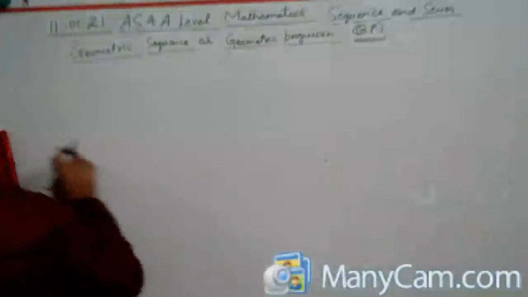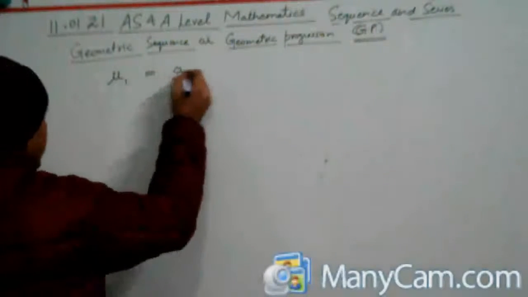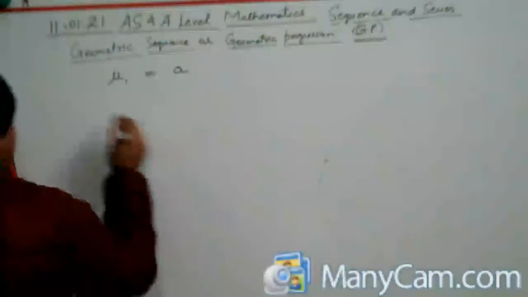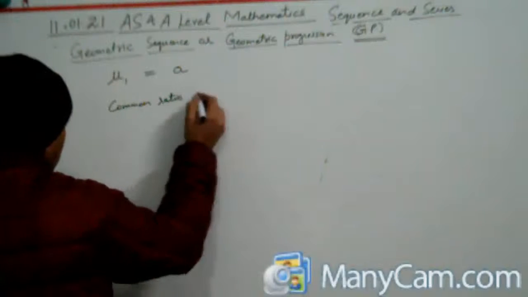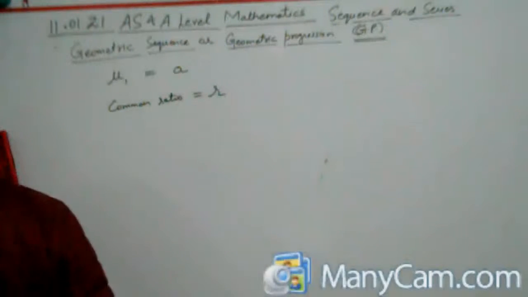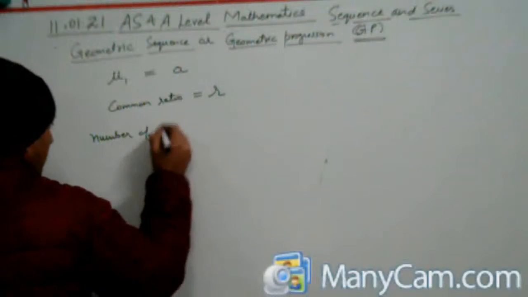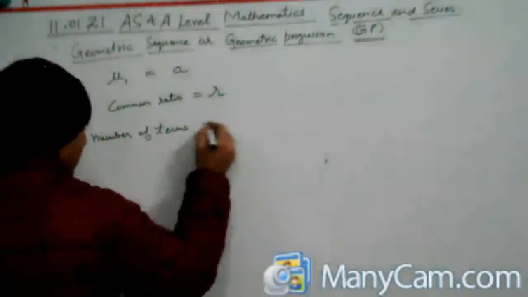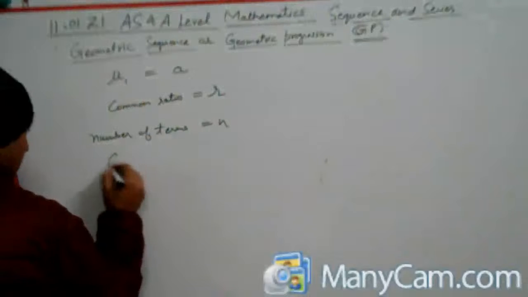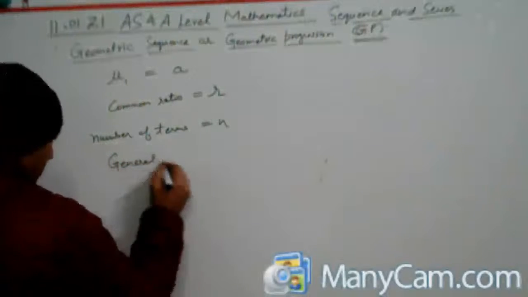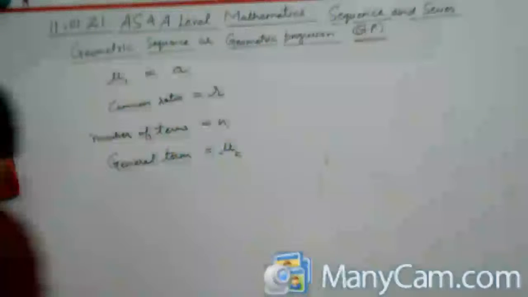U1 is equal to A, like in AP. U1 is equal to A, the first term. The common ratio is R, and the number of terms is N. The general term is UK, also known as the kth term.